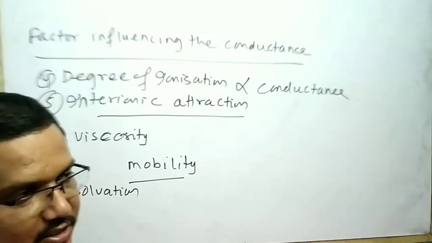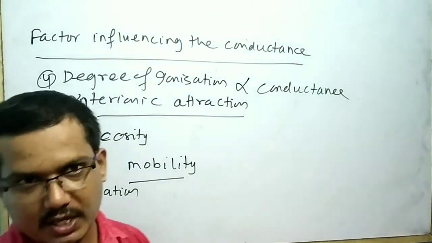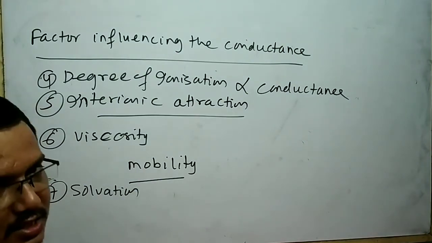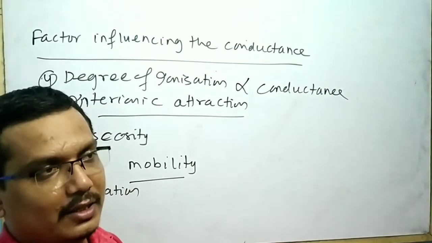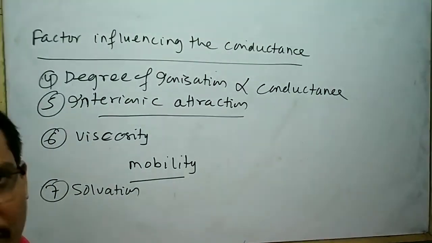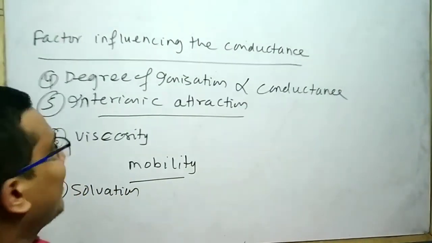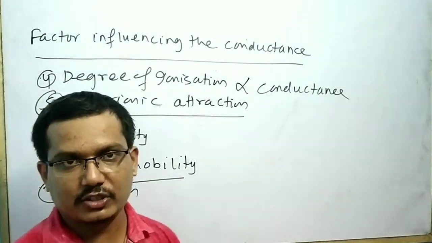Solvation means interaction of the ions of the solute with the molecules of the solvent. More is the solvation, less is the conductivity. When there is a decrease in the mobility of ions, that means there is a decrease in the conductance of the electrolytic solution. These are the factors affecting the conductance of an electrolytic solution.